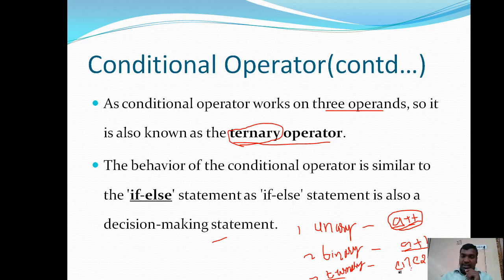Here E1, E2, E3 are the three operands, connected with the help of the two operators, question mark and colon. That's why this kind of expression is called a ternary expression, and the question mark and colon are called ternary operators. Okay, getting the point.